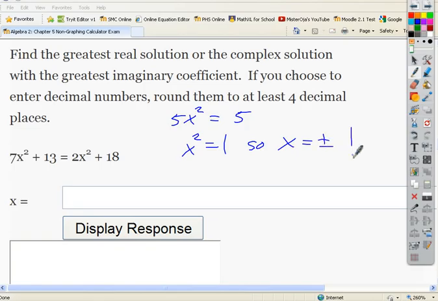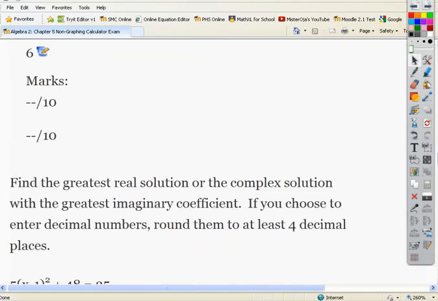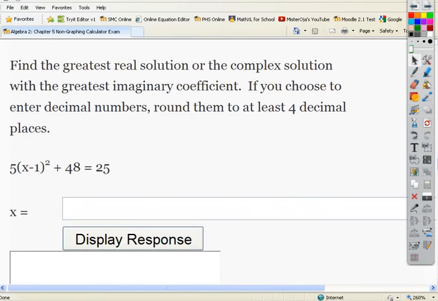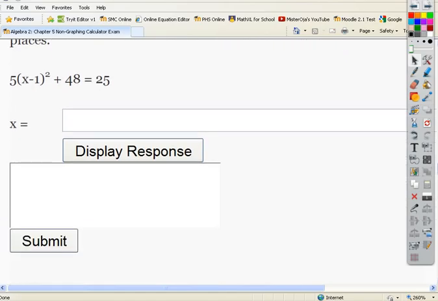Same deal. We want to find the greatest real solution or the complex solution with the positive complex coefficient. Would you want to set it equal to something? We could, but let's think about the overall strategy here. What am I going to do in this case?